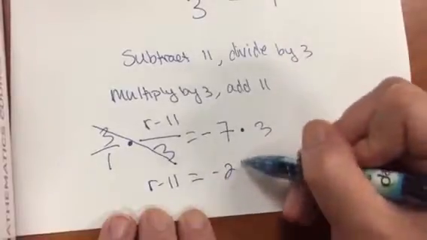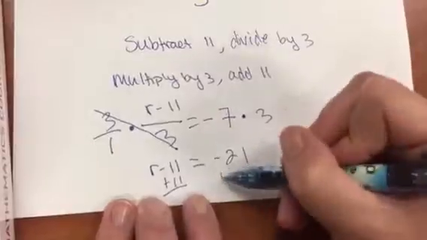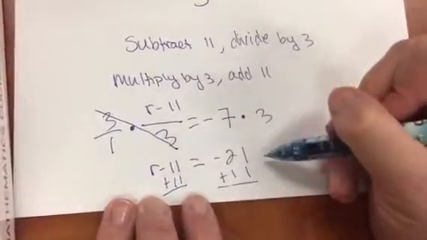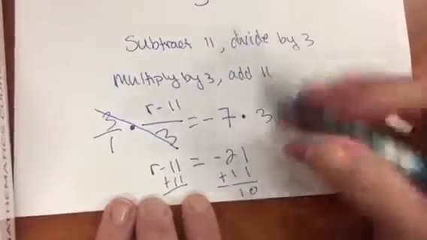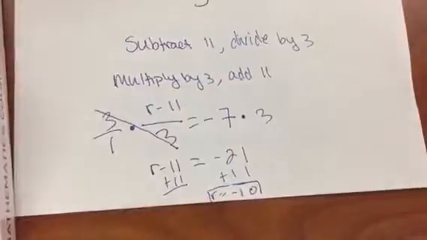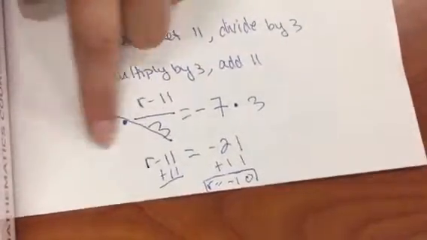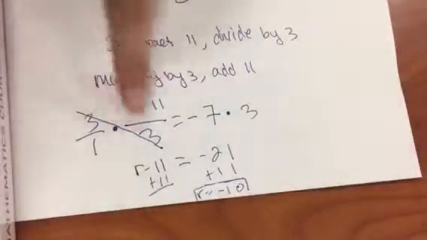Now I said I had to add 11. What's -21 plus 11? We're going to subtract. So there you go, -10. So r equals -10. It's really important to know why that works, but it works.